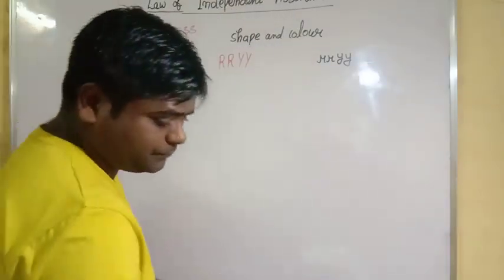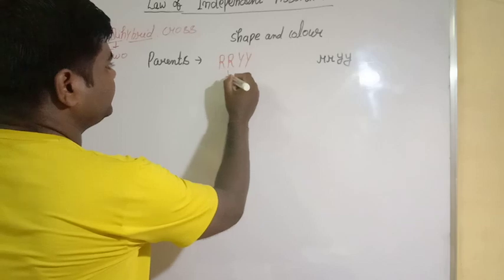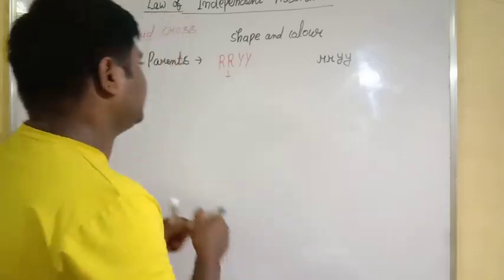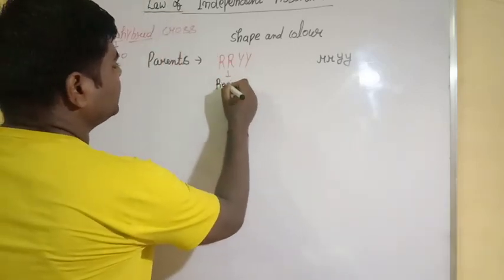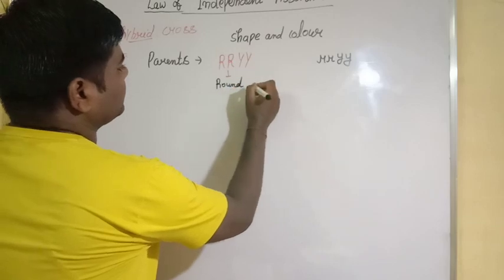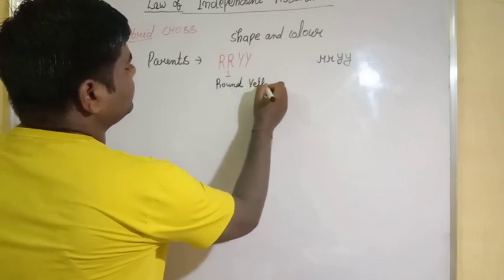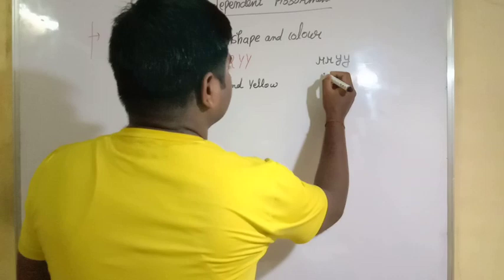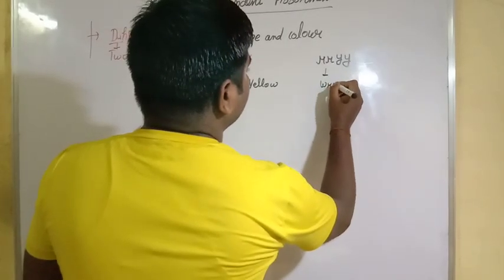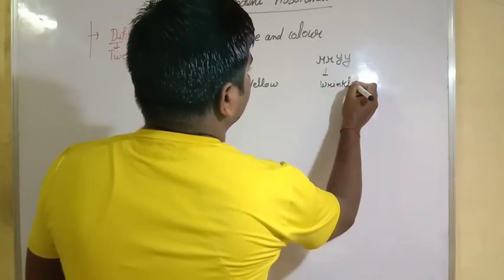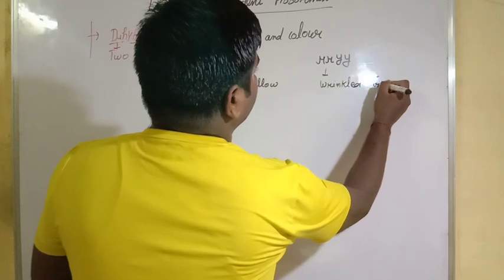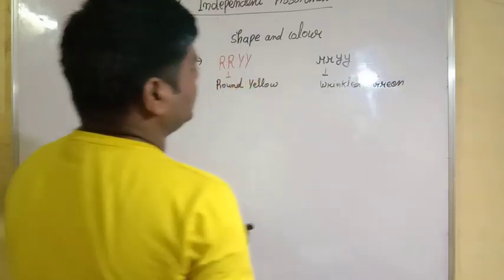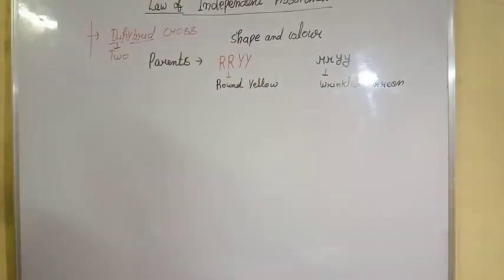Now to make it simple, write here: round and yellow, and this could be wrinkled and green.